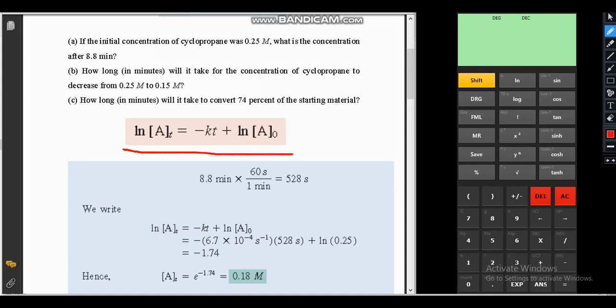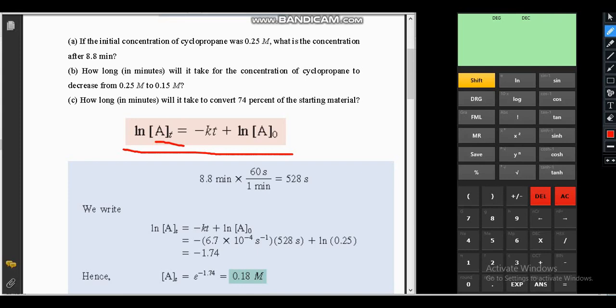From our question, we have the K value, that is the rate constant. We also have the time, that is 8.8 minutes, and we have the initial concentration. So basically they are asking us to find the concentration at that time.